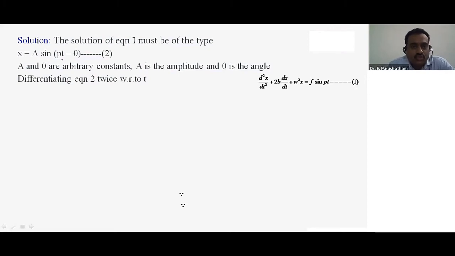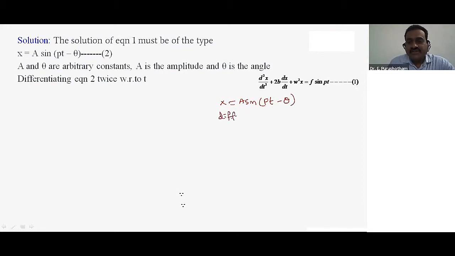Differentiating equation 2 twice with respect to t. So x is equal to A sin(pt − θ).